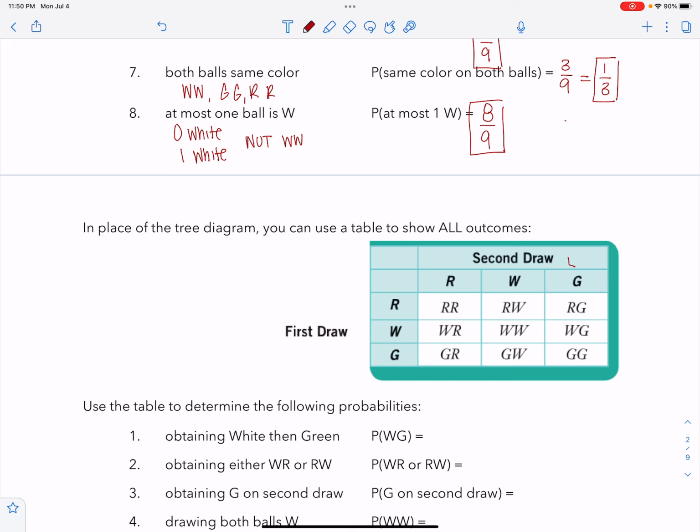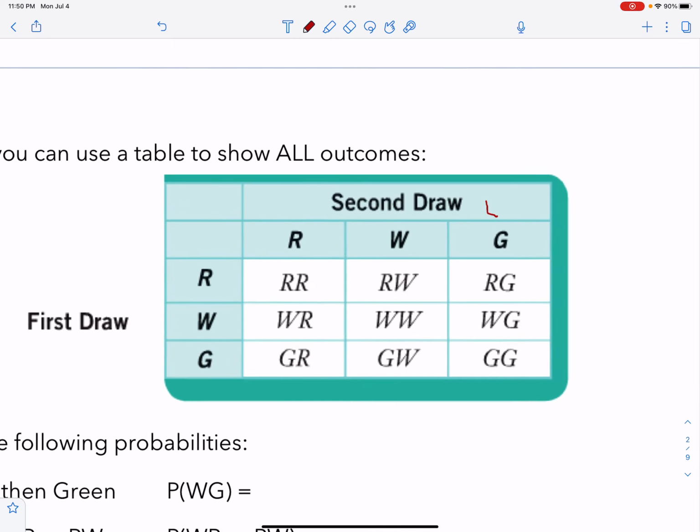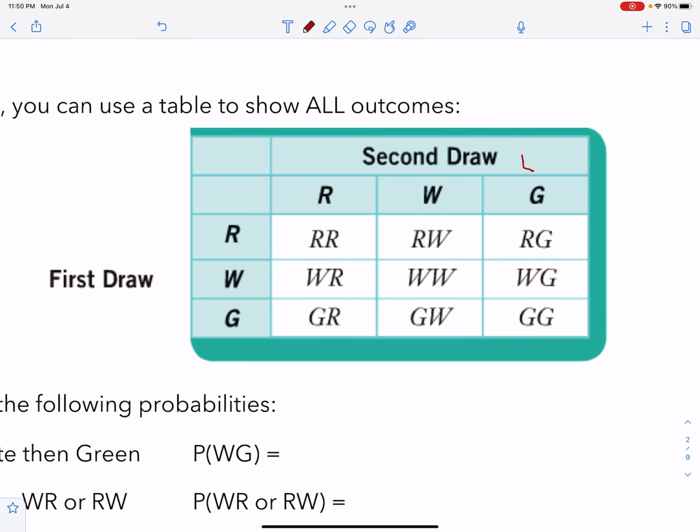And so we are going to skip that second part because it's the same thing we just did. The only thing I want to mention is that this table and the tree diagram are exactly the same. The only difference is the format of how they work.